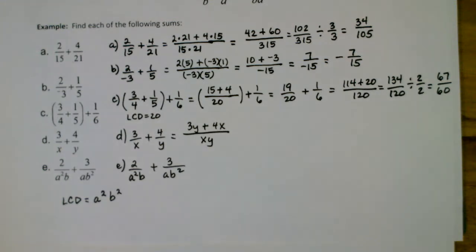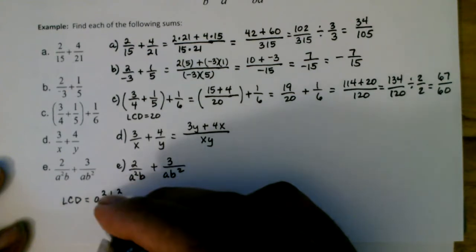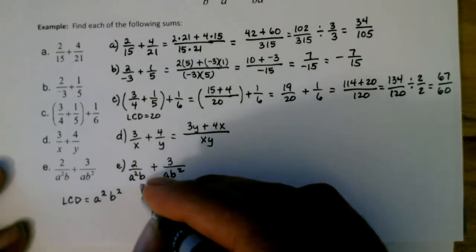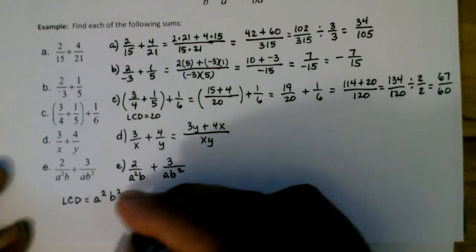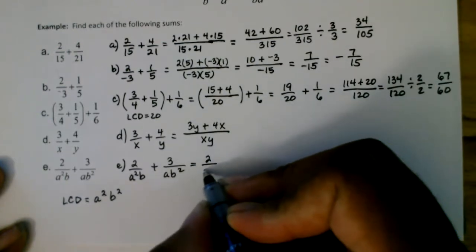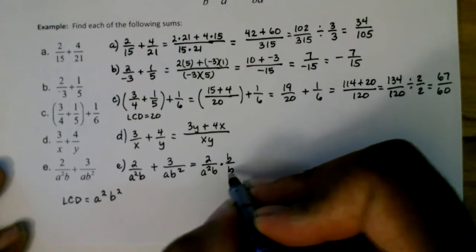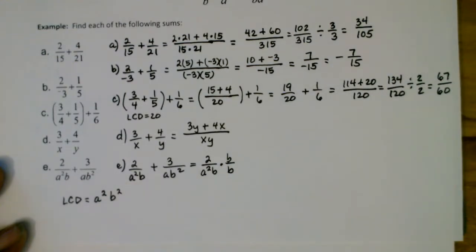Now we need to write an equivalent fraction with our least common denominator. Let's take a look at 2 over A squared B. I do have A squared. I do have a B, but for that to be B squared, I need to multiply the numerator and the denominator by B, because I want that denominator to be A squared B squared.